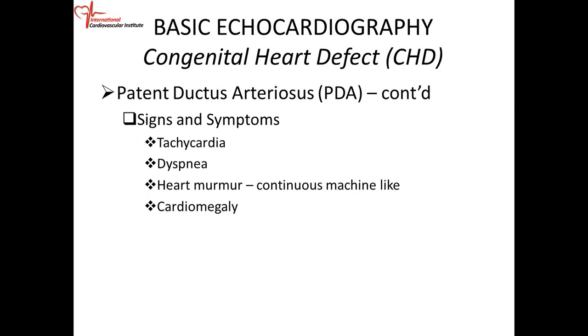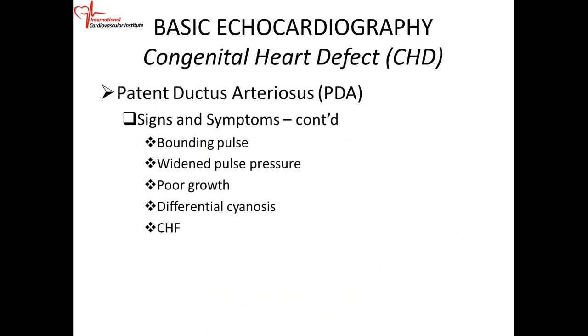Cardiomegaly, because the LV becomes dilated. Bounding pulse, widened pulse pressure. Pulse pressure is the difference between the systolic pressure and the diastolic pressure. You'll probably get a very low diastolic pressure and a reasonable systolic pressure, but the difference is larger than normal. That's what we call a widened pulse pressure.